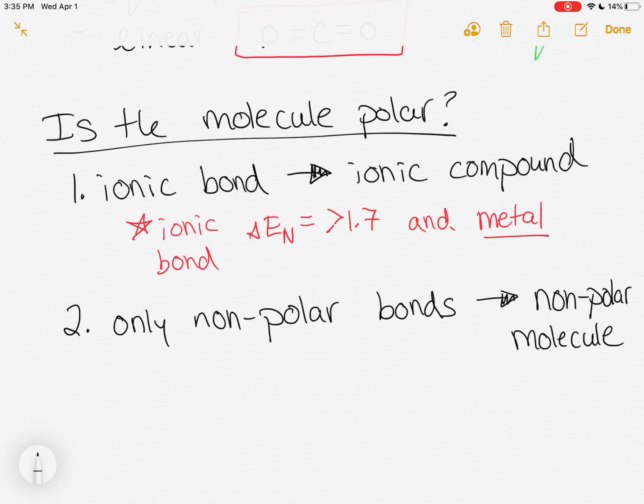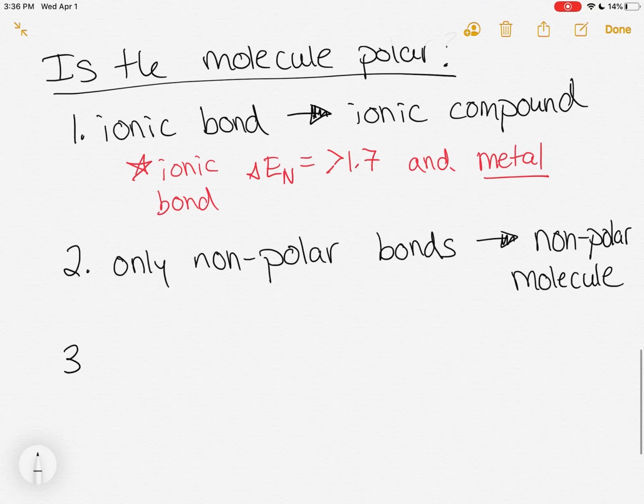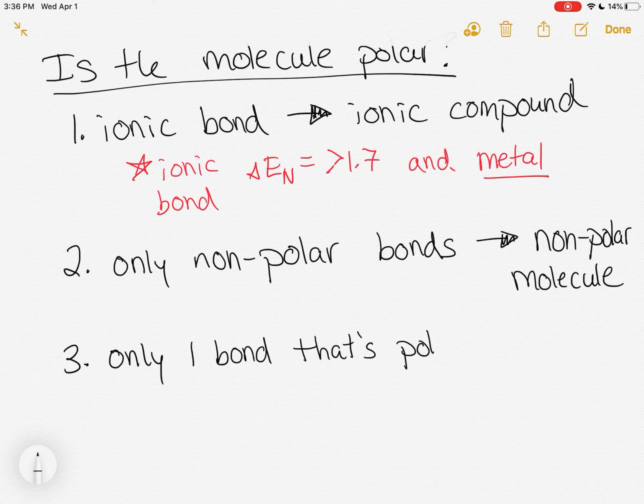So if all our bonds are nonpolar, we have a nonpolar molecule. In the third situation, we only have one bond, and it's a polar bond, so we are going to have a polar molecule automatically.